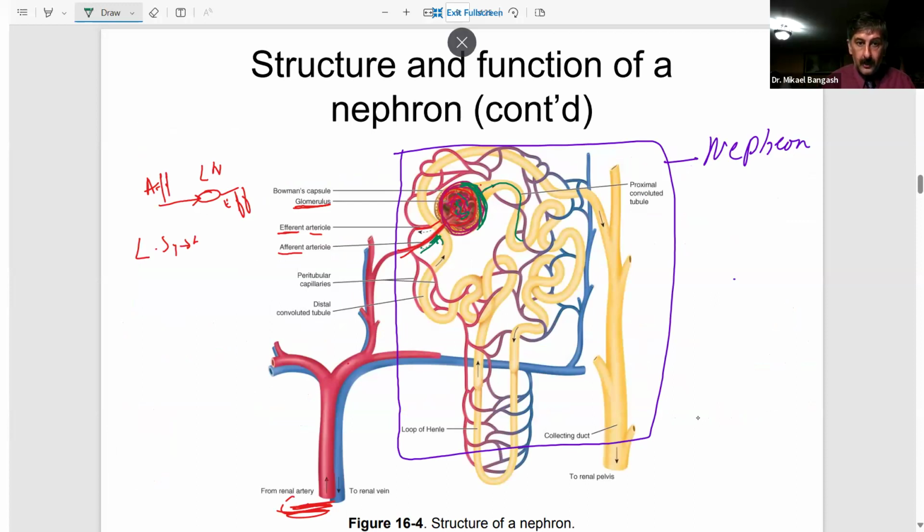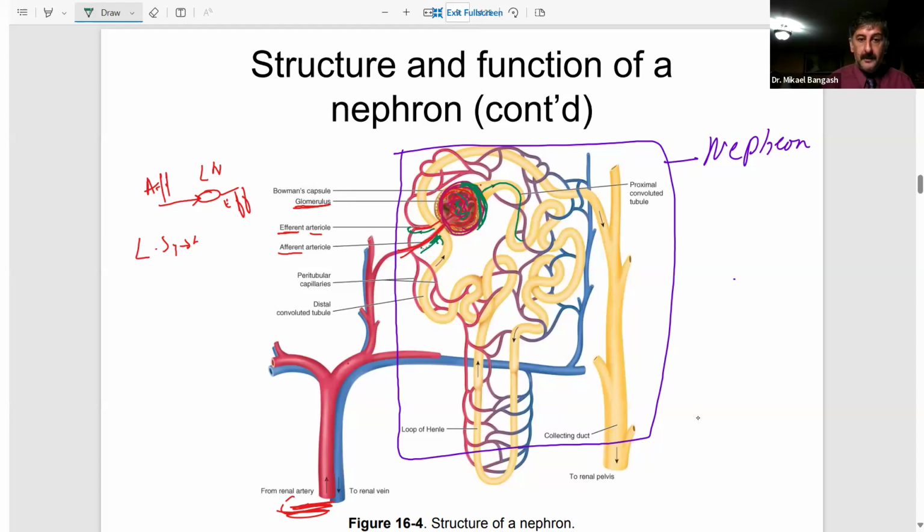At the other end, we have the arteriole that takes the blood away from the glomerulus. Blood containing all other substances which did not become a part of the filtrate because it was not filtered out at the glomerulus and collected in the Bowman's capsule.